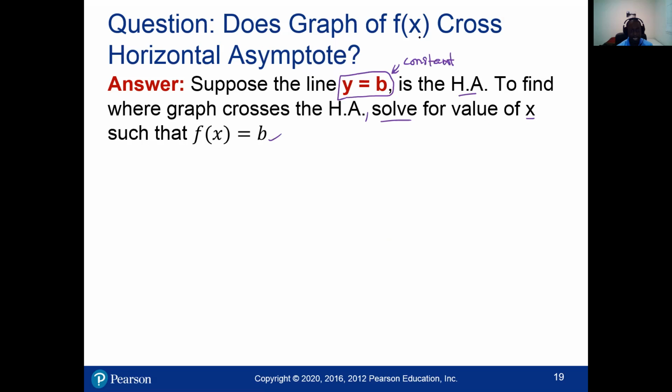So f of x is your rational function, and y is equal to b is your horizontal asymptote. So you take the original function, in the original form and not in factored form, set it equal to b and then solve it.